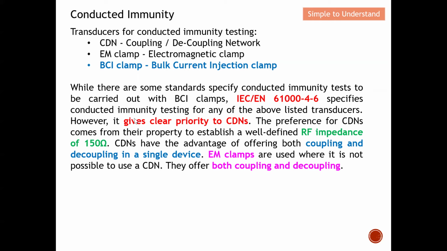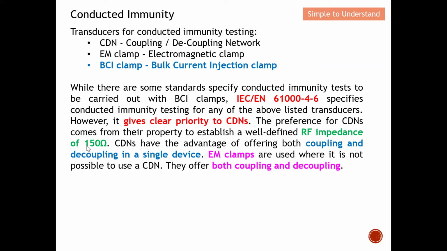But this standard also gives a clear priority to CDN, which means that if possible, you are encouraged to do conductor immunity using CDN rather than the other two methods. If you cannot use CDN, then they allow you to fall back on the other two methods. The preference for CDN comes from its property to establish a well-defined RF impedance of 150 ohm.